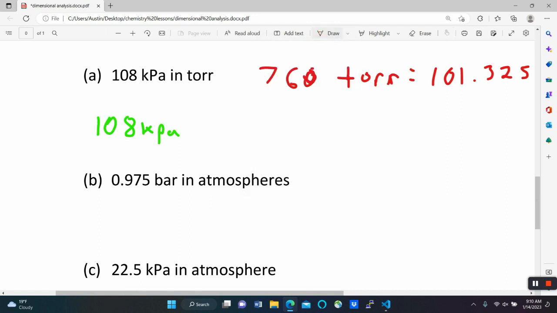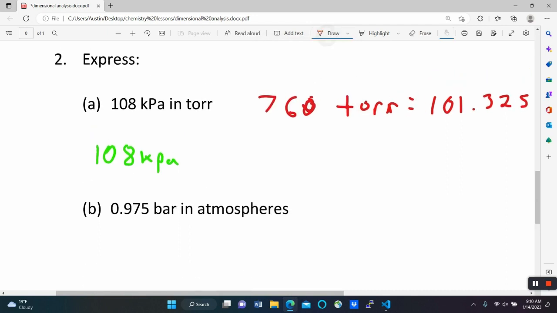Now, what would the ratio be in said conversion factor? So, the unit that we're trying to convert away from should be in our denominator, that is to say 101.325 kPa.